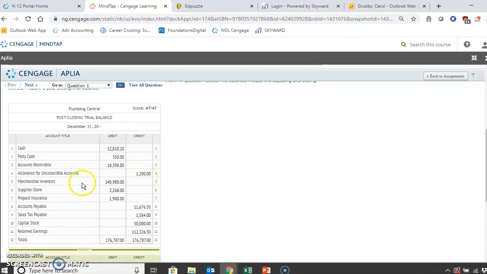So again, asset, asset, asset, asset, but this asset reduces the value of the assets, so it's a credit. Asset, asset, asset. Now we're into our liabilities, and our last two accounts are our equity accounts, and they increase on the credit side. Assets equal liabilities plus equity. So we are finished with the work together. Go ahead and finish that, and then do the on your own.